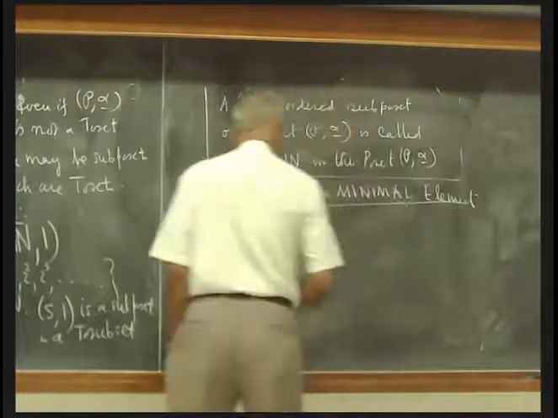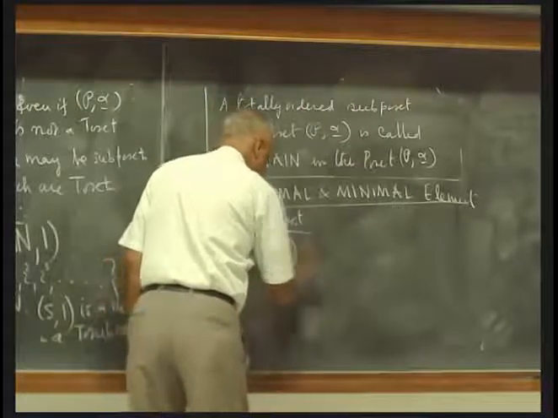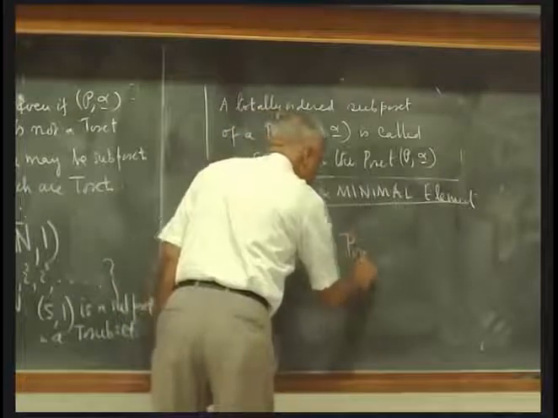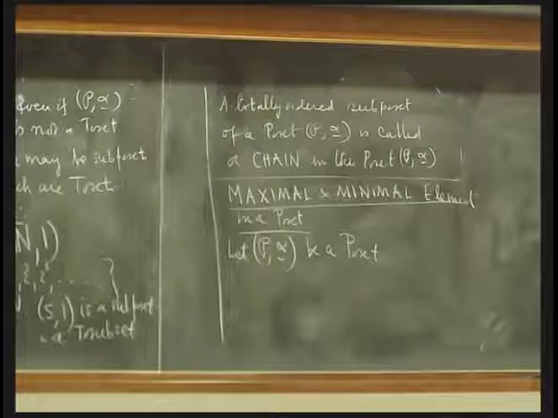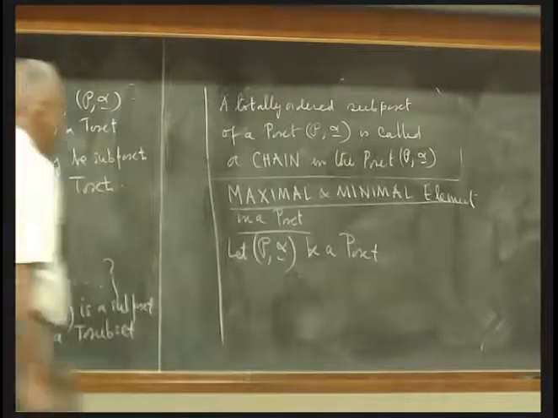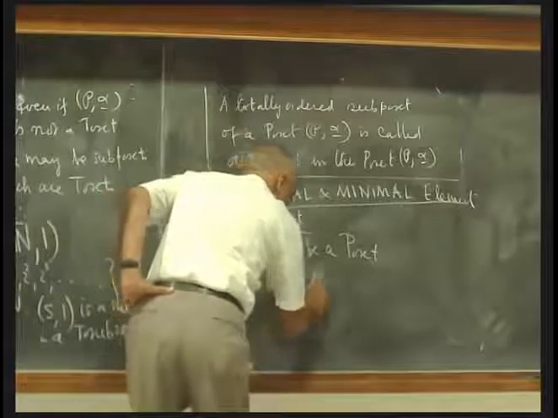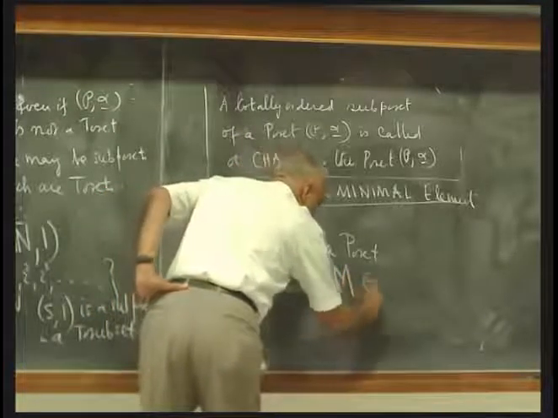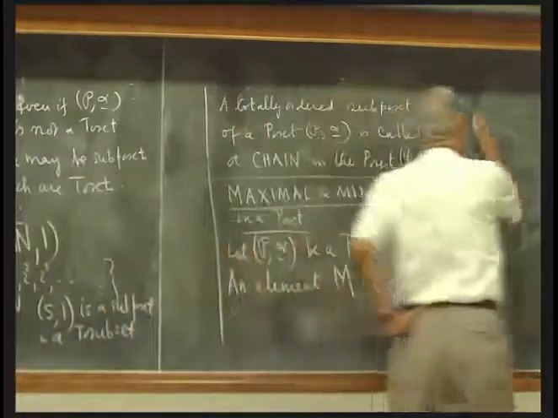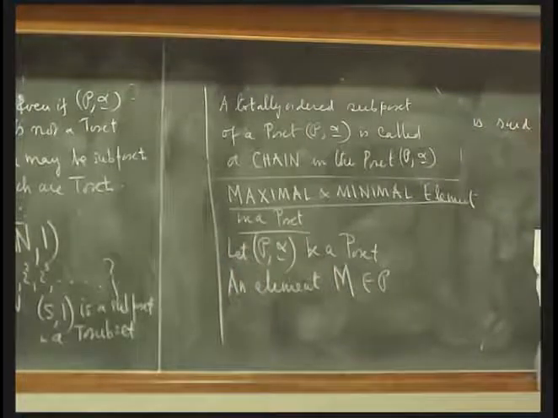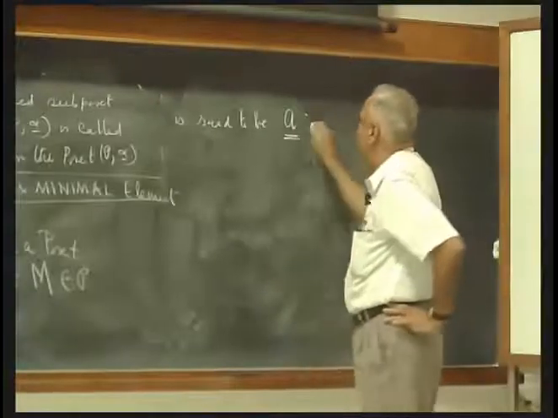So let me make the statement. Let P be a poset, and then I'll give you some examples. Consider a poset. Then an element M in P is said to be a maximal element.